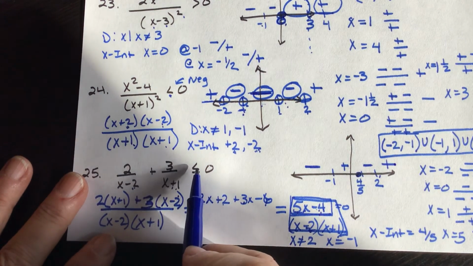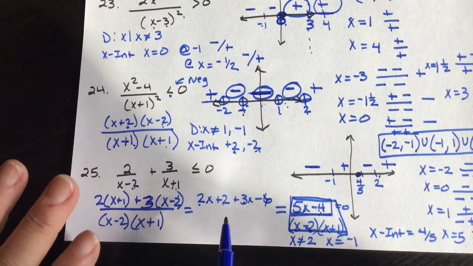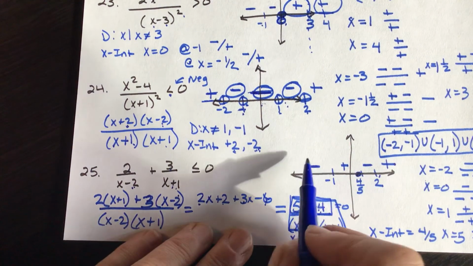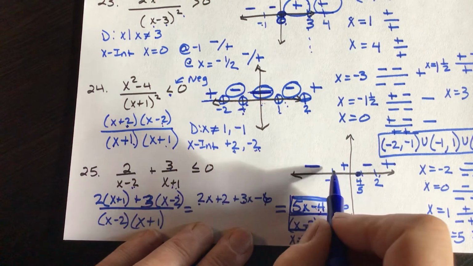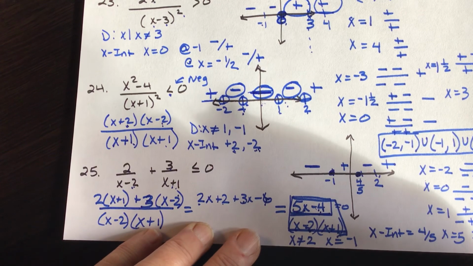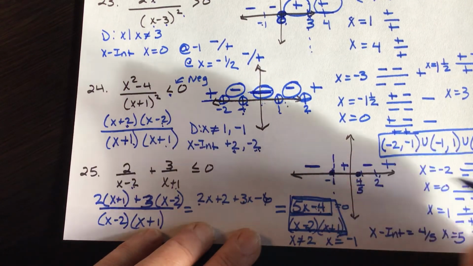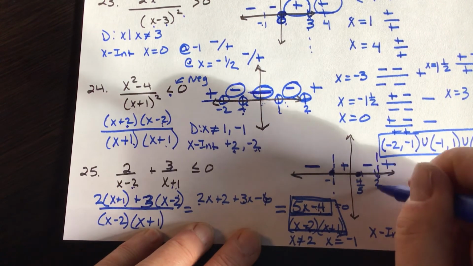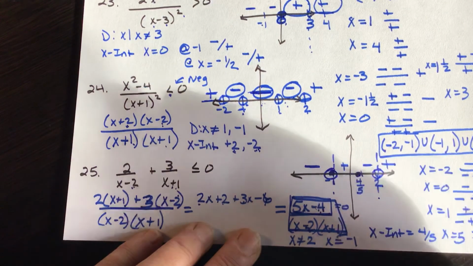I'm looking for less than or equal to 0. Okay, so I'm looking for the negatives, and I can include anything that's not a vertical asymptote. So this is a vertical asymptote, and this is, so I can't include these.